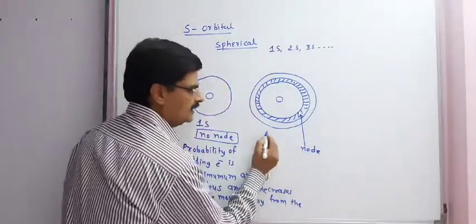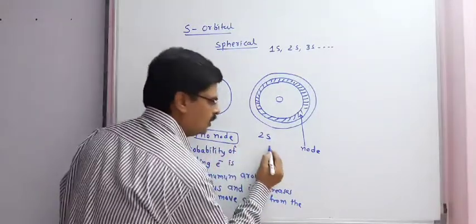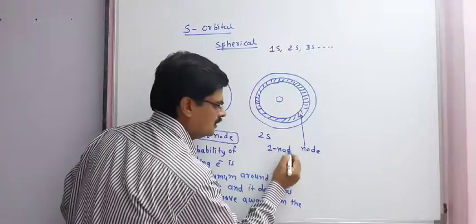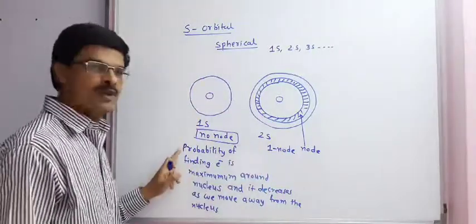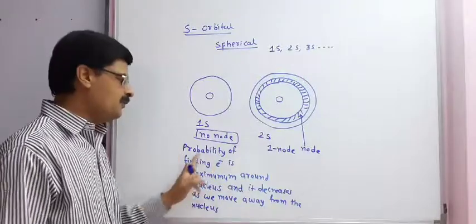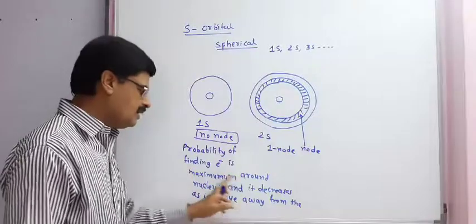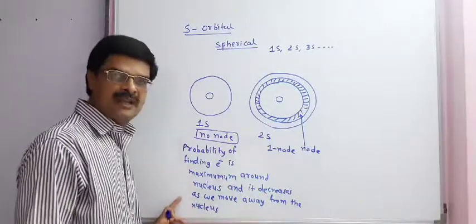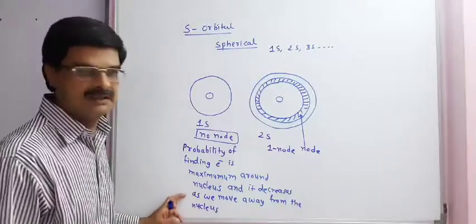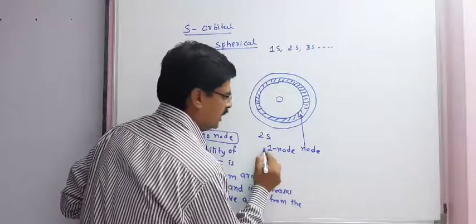So we can say that 2s orbital has one node. Again we can say for 2s orbital that probability of finding electron for 2s is also maximum near the nucleus, and it decreases to 0 as we move away from the nucleus. But in the intermediate region we find one node.